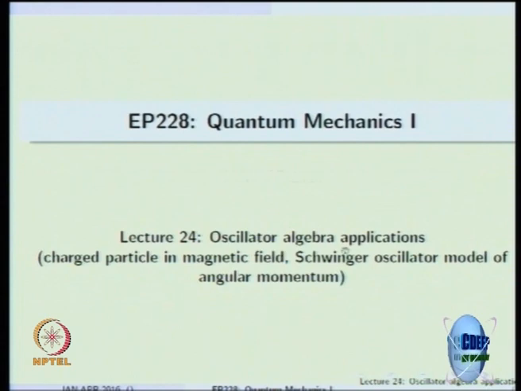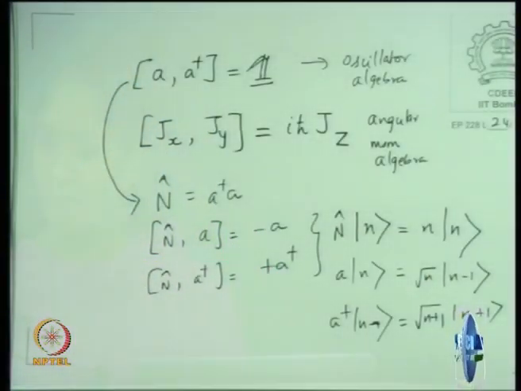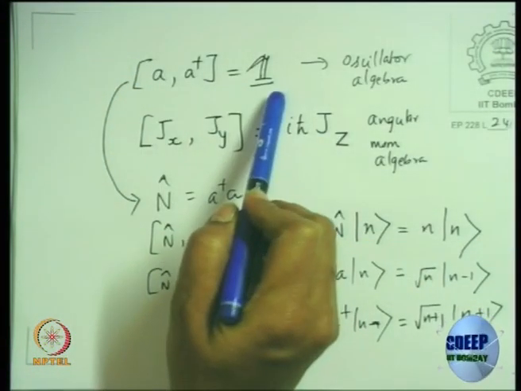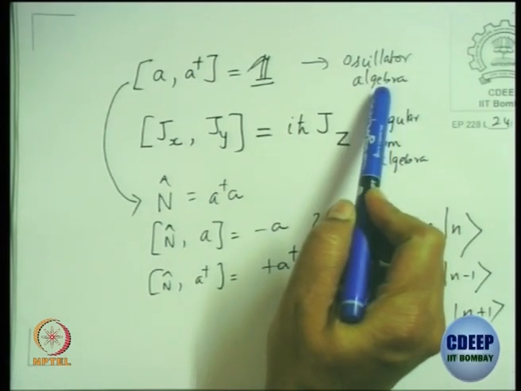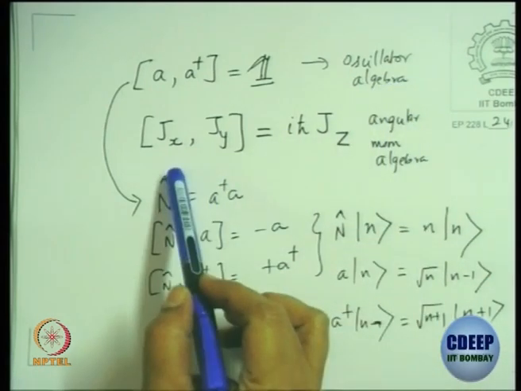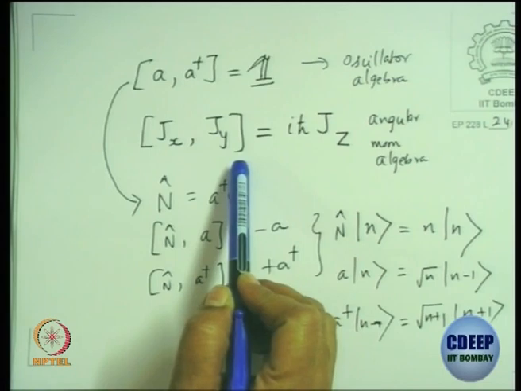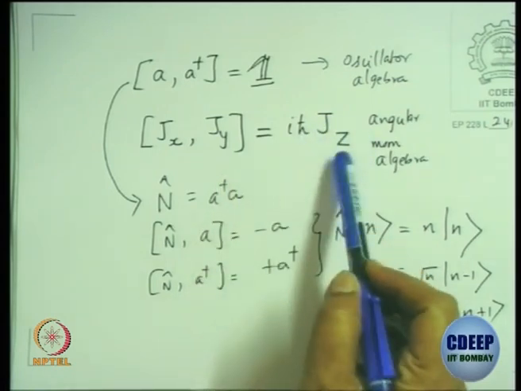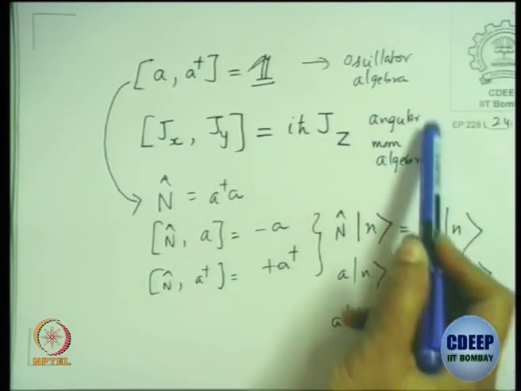If you recall, we did this in the last lecture, last week. For the harmonic oscillator, we had the commutator of A with A dagger as identity, this is what we will call an oscillator algebra, and Jx with Jy as iħ Jz, this is what we will call an angular momentum algebra.